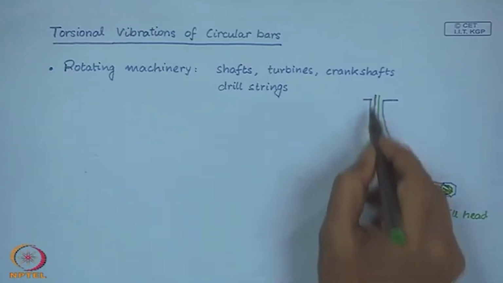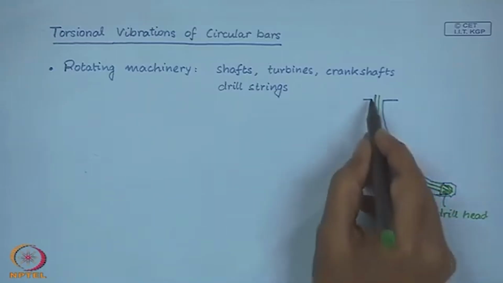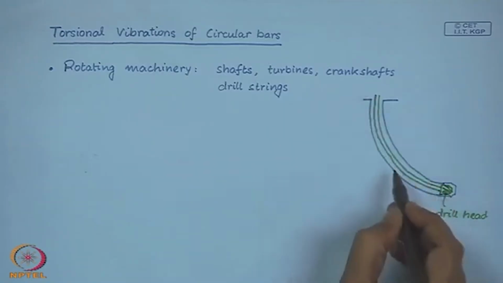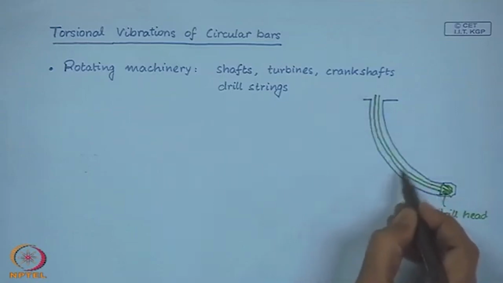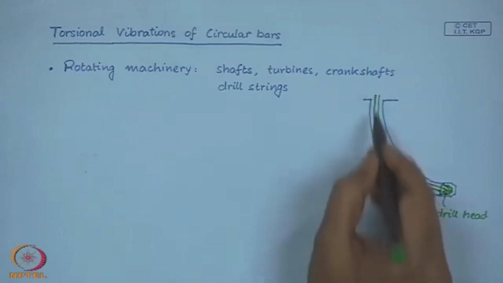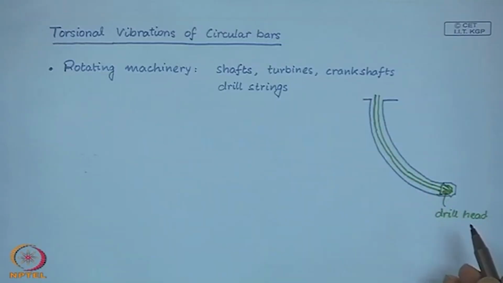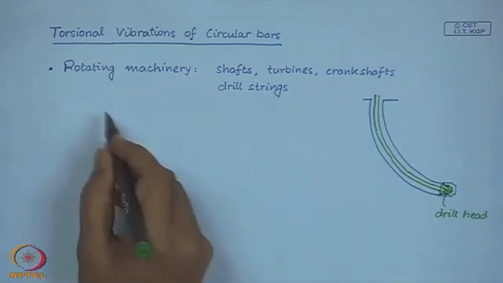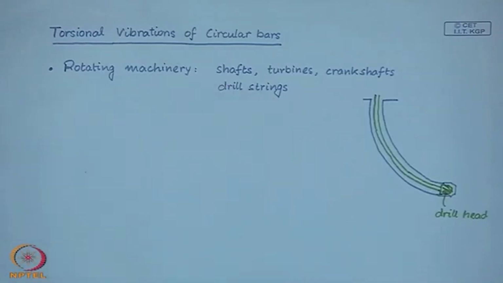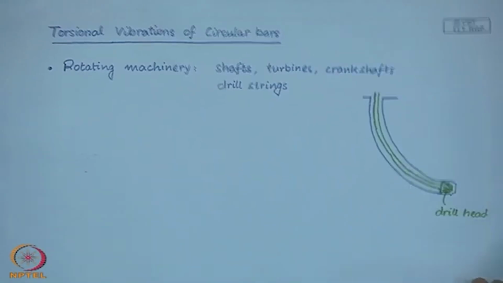This shaft is under torsional vibrations. It also has some amount of transverse vibrations, but the torsional vibrations are quite dominant in such situations. These are called drill strings. So, in such situations you find shafts or circular bars in torsional vibrations.